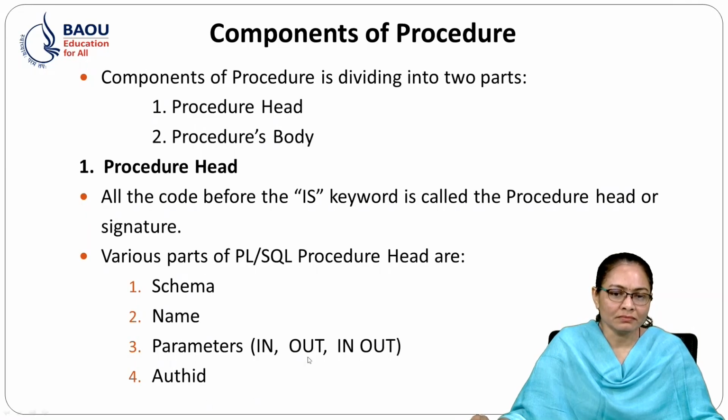Now, AUTHID. This is also an optional parameter. It defines whether the procedure will execute with the privileges of the creator or definer of the procedure or with that of the current user's privileges.